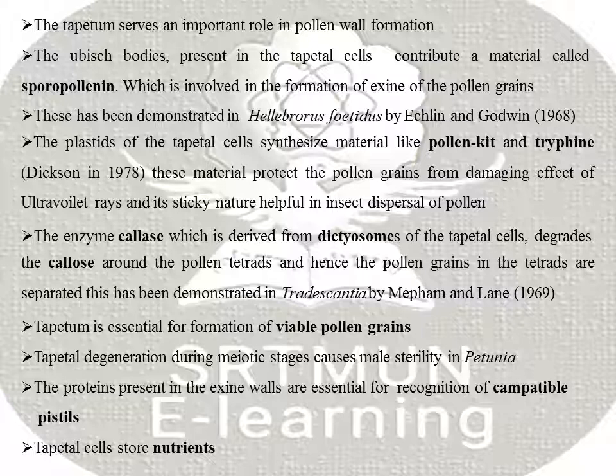The enzyme callase, which is derived from dictyosomes of the tapetal cells, degrades the callose around the pollen tetrad, and hence the pollen grains in the tetrads are separated.